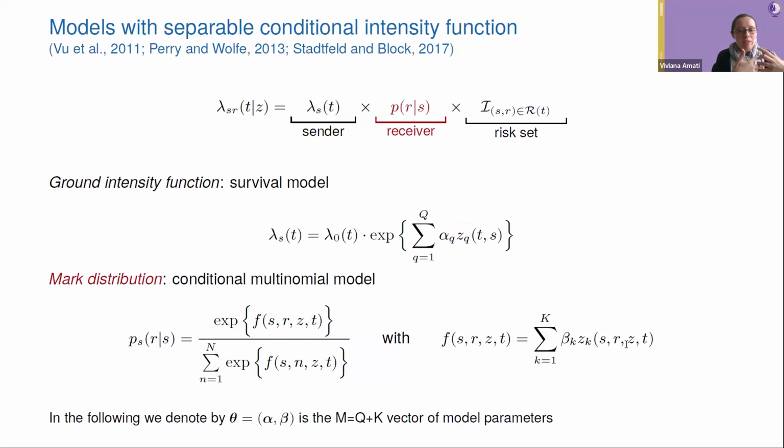Those statistics explain the occurrence of ties based on endogenous mechanisms, reciprocity and transitivity, or exogenous mechanisms, depending, for instance, on the actor characteristics. And what we usually do is that we estimate the parameters alpha and beta, which form the vector theta, in order to make inference on these processes, as Martina already well introduced.